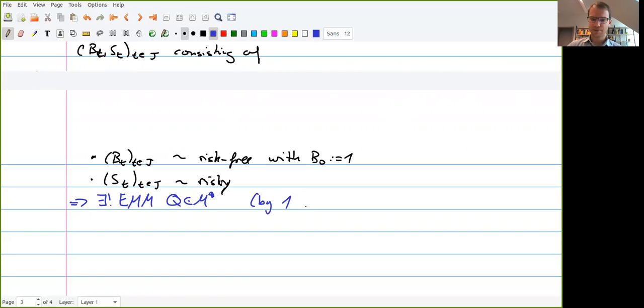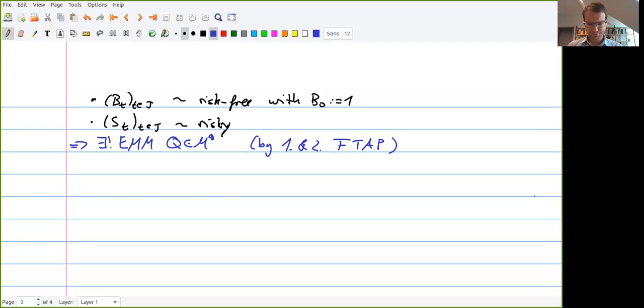My first and second fundamental theorem of asset pricing. Right. So this is our fundamental theorem. So we know there exists exactly one equivalent martingale measure. Okay. That's good.